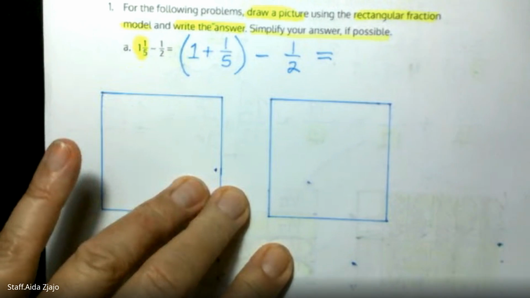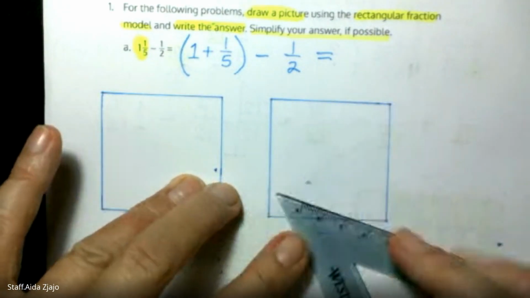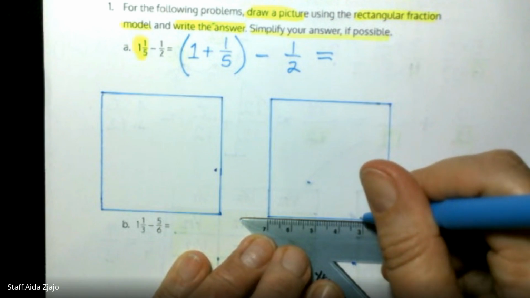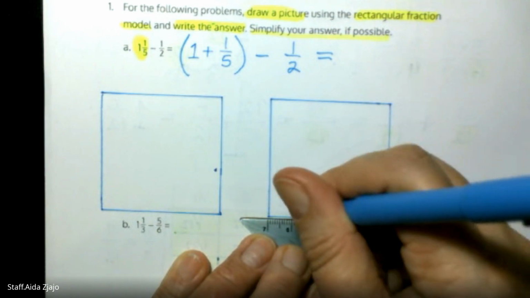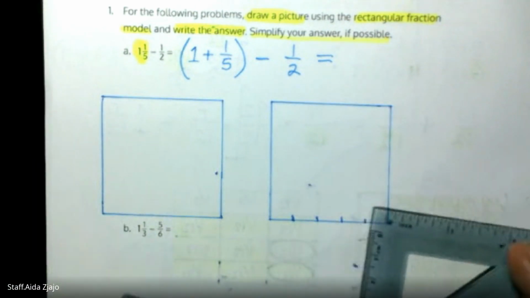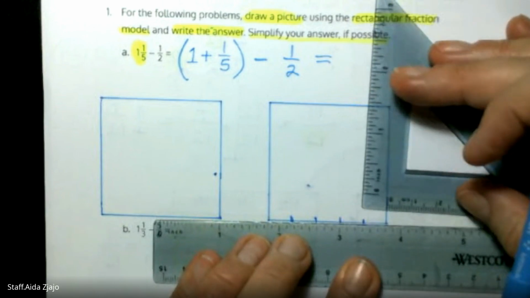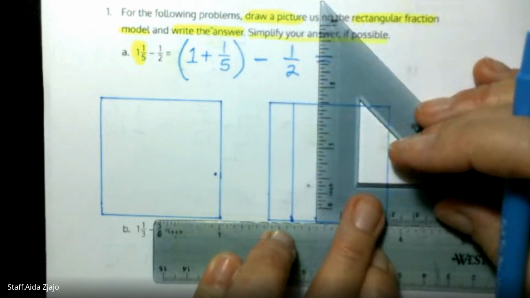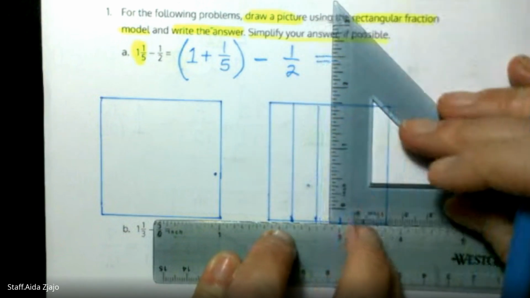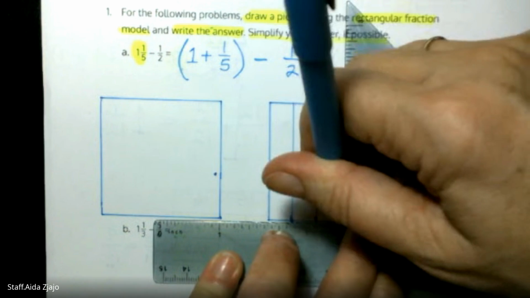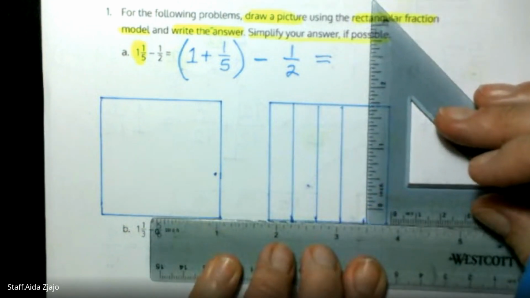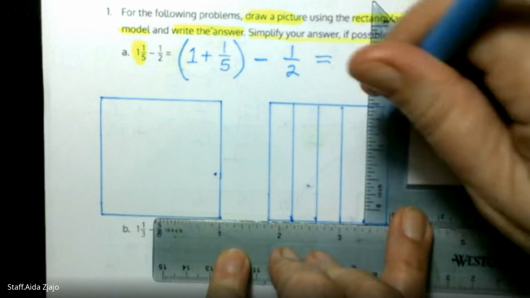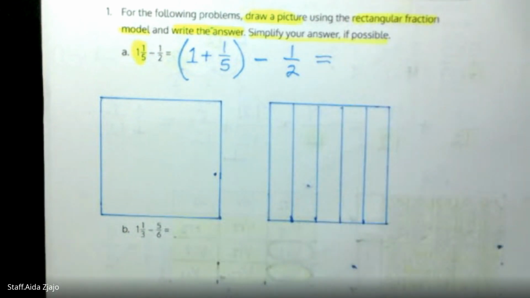So I'm going to make that into 5 pieces, which is going to be 1, 2, 3, 4, 5, and I only have 1/5, but I'm going to pretend that I really had 2 wholes. Imagine that it is a story about chocolates.